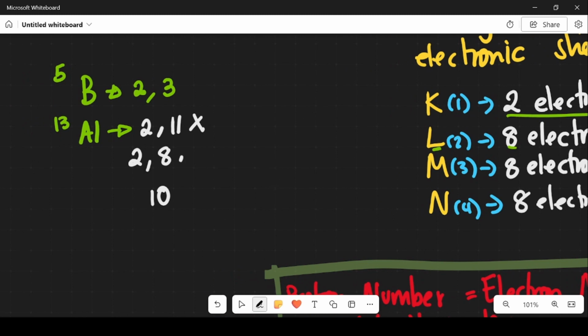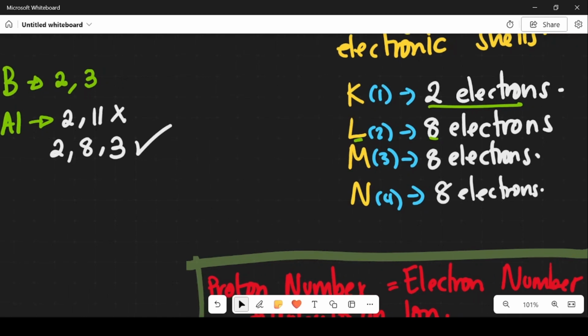Now I can simply put the 3 here, so I have a nicely configured electronic configuration of the aluminum atom. All right, so you need to always look at how much each shell contains. Apart from your first shell, your second shell and your third shell and so on can only contain 8 electrons, and that's what you need to know at your level.